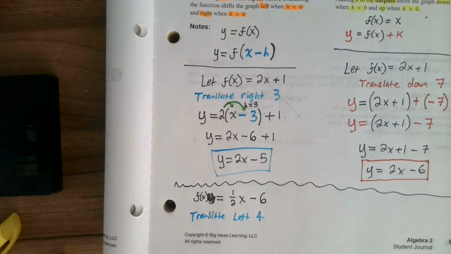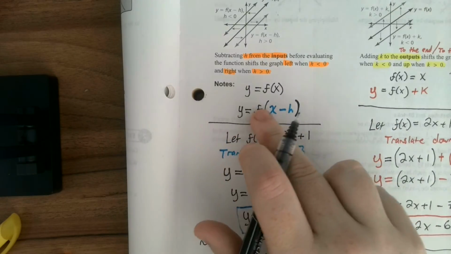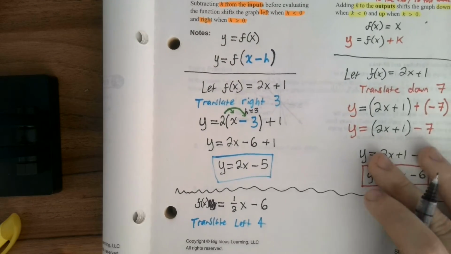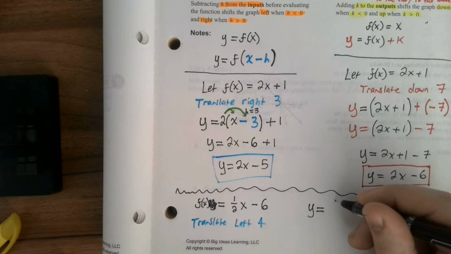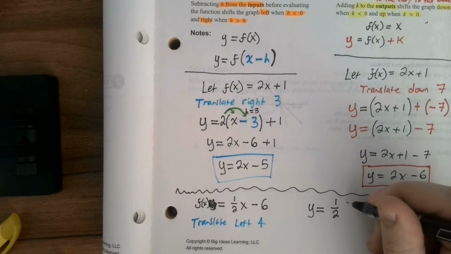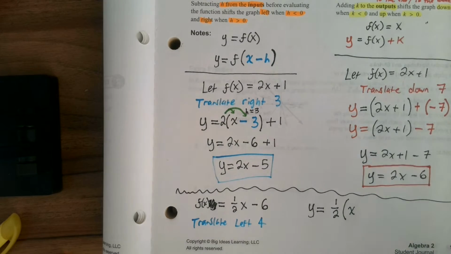We've got to consider what that means. Again, we're just taking our f of x and changing it into f of x minus some number, h. So y will be the exact same, except when we write down x, instead of writing down the letter x, we write down x minus some number.